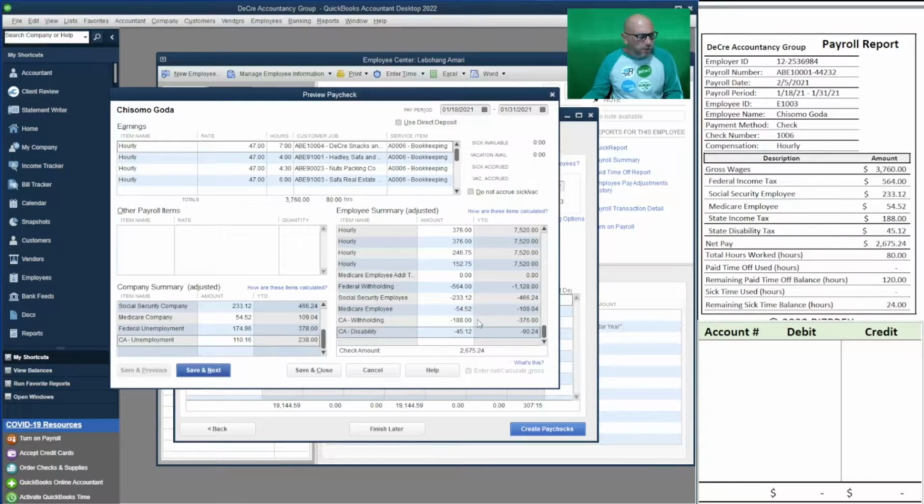Okay, net pay matches. All right, everything is good. So we can go and save next.